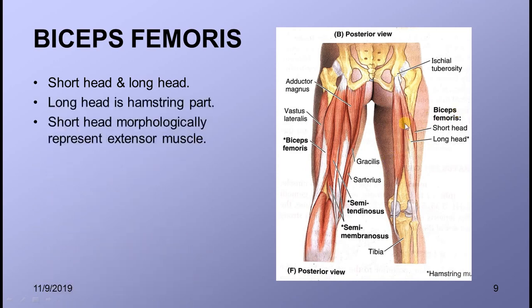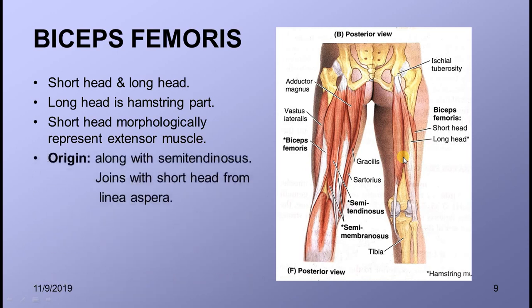The short head, as I told you in the beginning, in the cross section of the thigh, originates from the linea aspera and is most intimately related to the extensor compartment muscles. Because of its functional reasons, it is present in the posterior compartment of the thigh. So the long head arises in common with the semitendinosus and the short head from the lateral lip of the linea aspera.